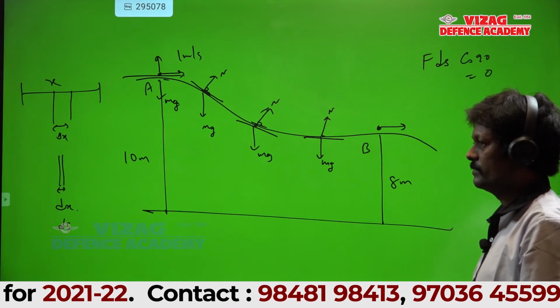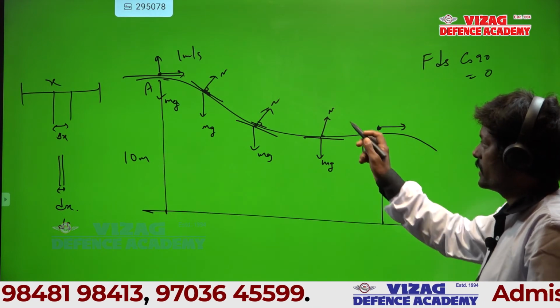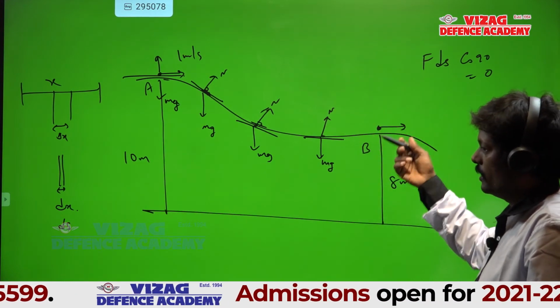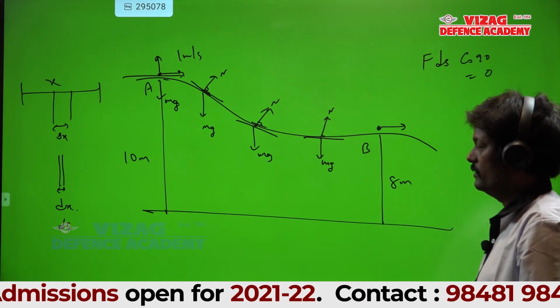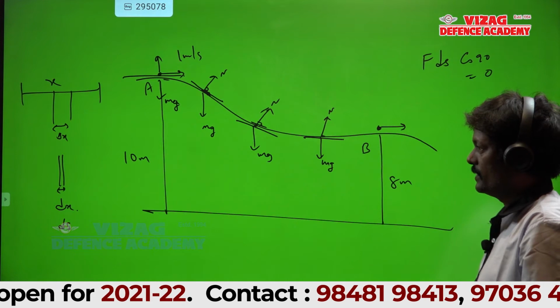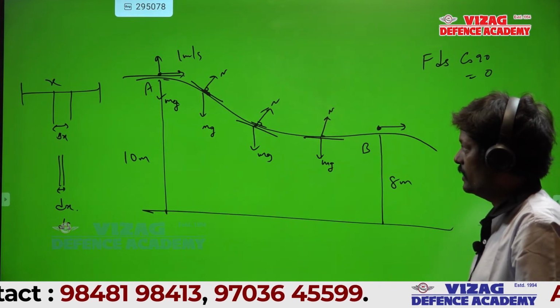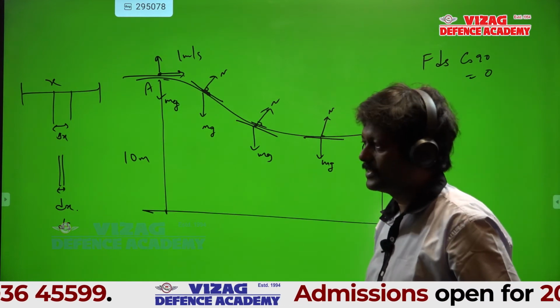Small displacements at any point and the normal reaction both are making an angle. Anyone complete? 90 degree. Very good, 90 degrees.